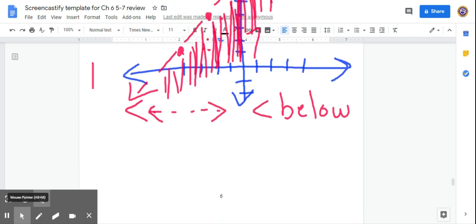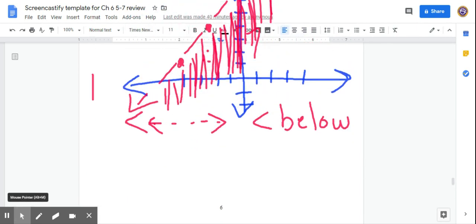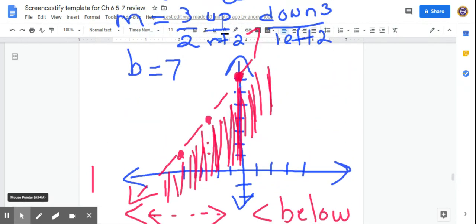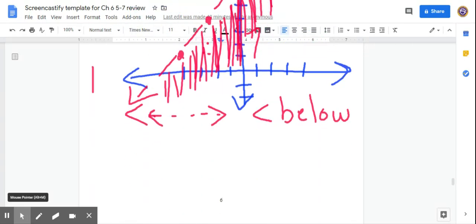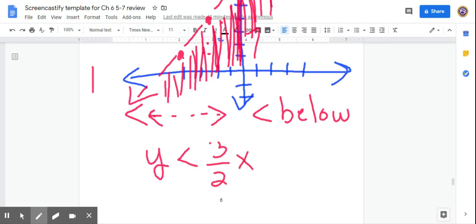I do want to show you one other thing before I close. A quick check to see if you've shaded in the right spot is to pick the point 0, 0. Okay, so your inequality was y is less than 3/2 x plus 7.